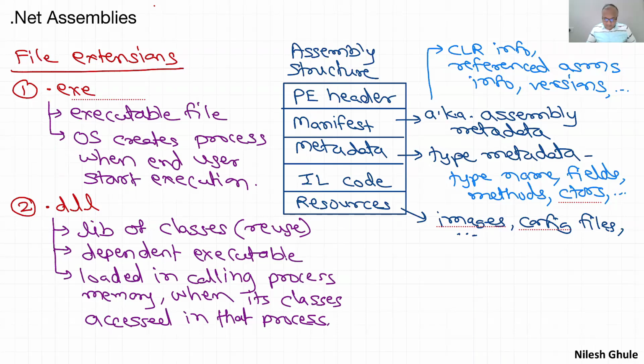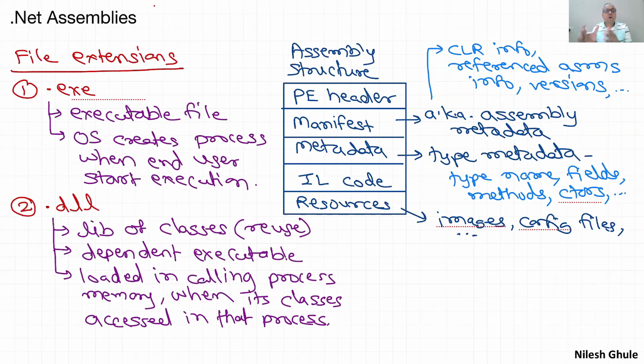The DLL is a library of reusable classes. It is not self-executable. It is referred to as a dependent executable, because for execution, it depends on another process. It is loaded in the calling process memory when its classes are accessed in that process. I hope this has given you a bit of an idea about what is exe and what is DLL.